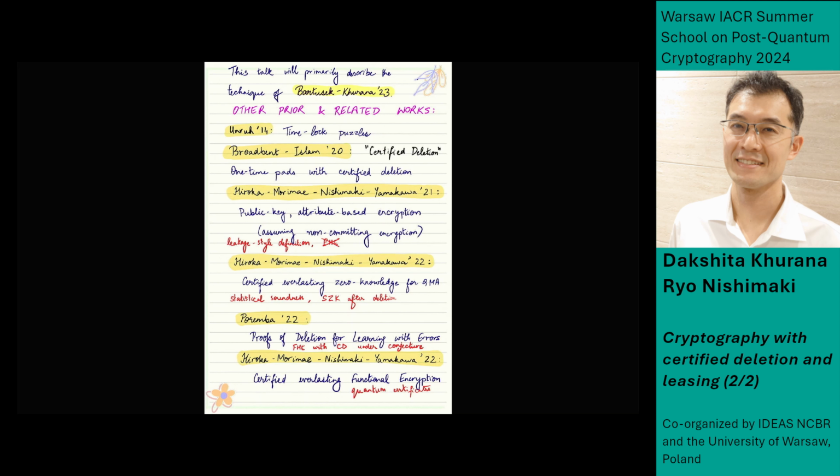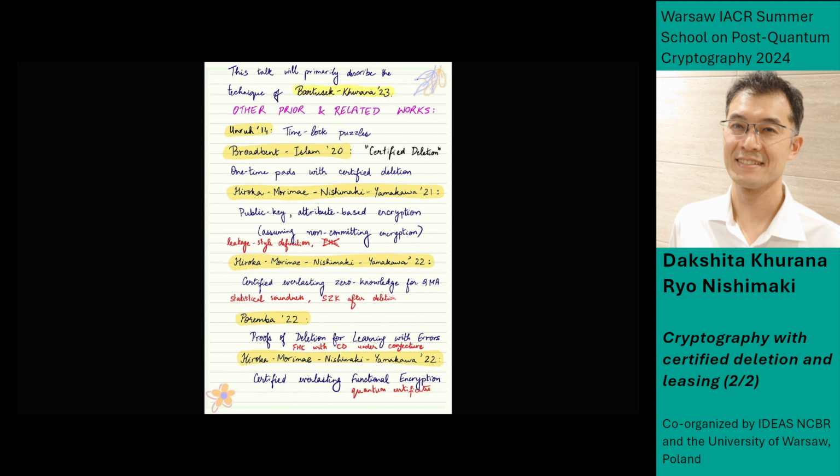Unruh already introduced the notion of time lock puzzles. It's kind of a time released encryption, as far as I remember, but I don't remember correctly. Anyway, this is a very close notion to certified deletion.